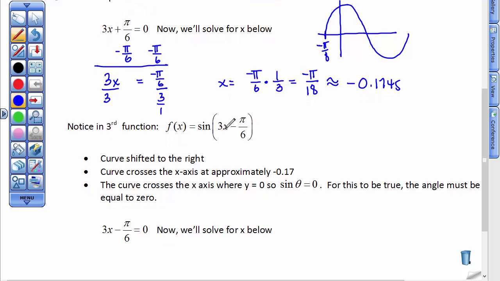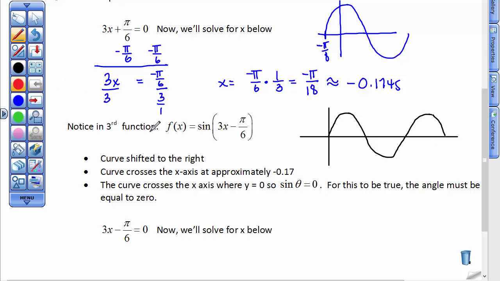The third function up above, I haven't had you graph yet on the graphing calculator, but if you did, the first curve, y equals the sine of 3x, in black, will look something like this, and I think it will graph about to there.